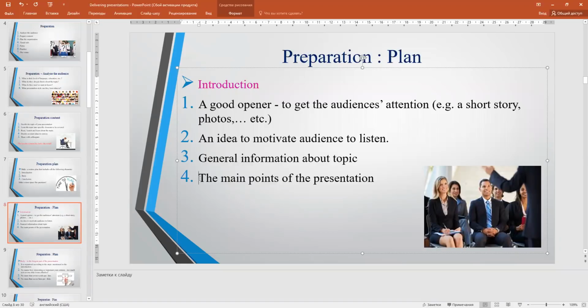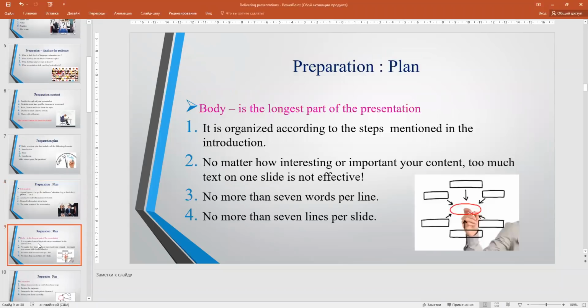And then you can see the main points of the presentation. You should explain during this presentation what kind of main points your audience should notice. Make sure that you can explain them. And then you can see body. Body is the longest part of the presentation.